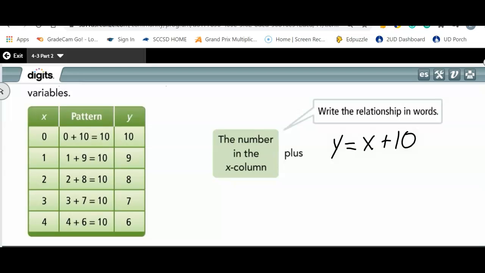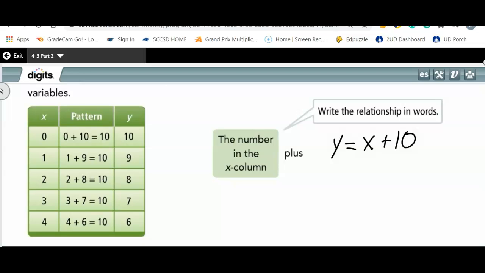That one works. Do we have to do more than just one? Yes, we should do 2 or 3. So X is 1. 1 plus 10, does that give us 9? No. So if it doesn't work once, it won't work at all. Okay, so this one does not work.